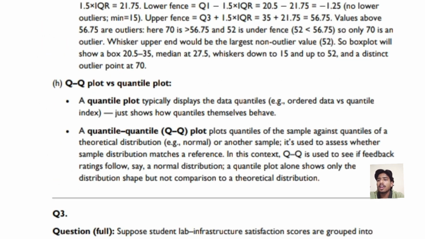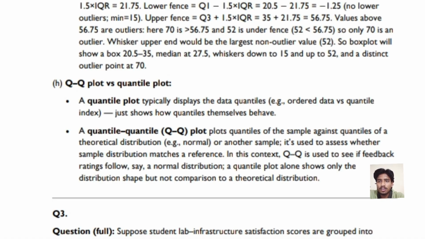Now H is the QQ plot versus quartile plots. A quartile plot typically displays the data quartiles, ordered data versus quartile index, just to show how the quartiles themselves behave. A quartile-quartile QQ plot plots the quartiles of a sample against the quartiles of a theoretical distribution.